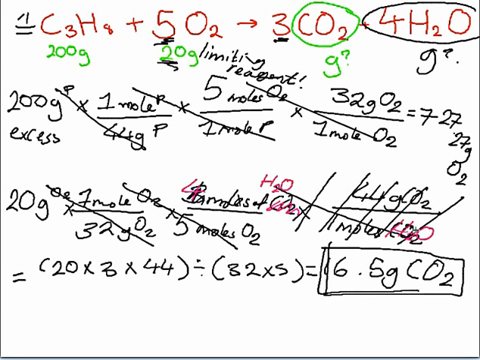H2O. And then for each 1 mole of H2O, how many grams are in that? I think that is 18 grams, off the top of my head. Yeah, I think that's 18 grams of H2O. And then you do the same thing, multiply the top numbers by the bottom numbers.